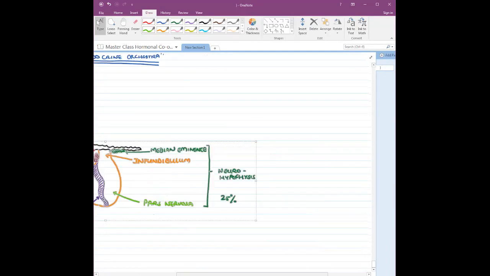But still we have to see a little bit more part inside of it. That will give us an idea.